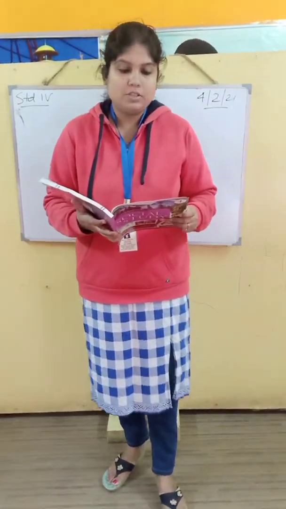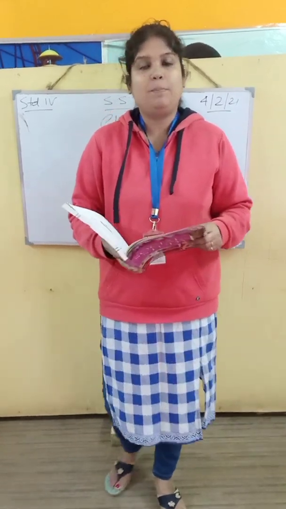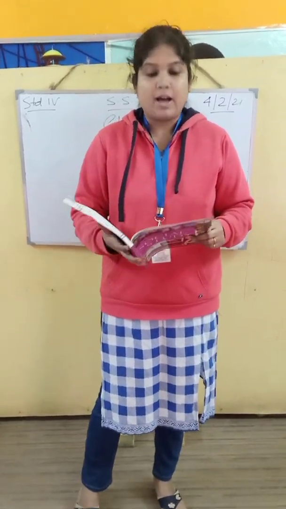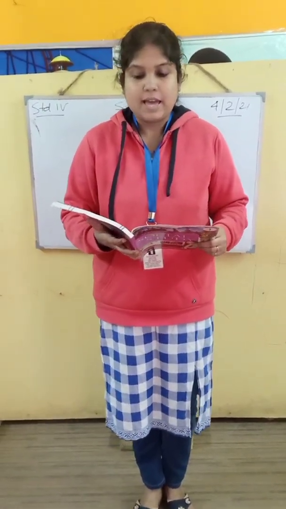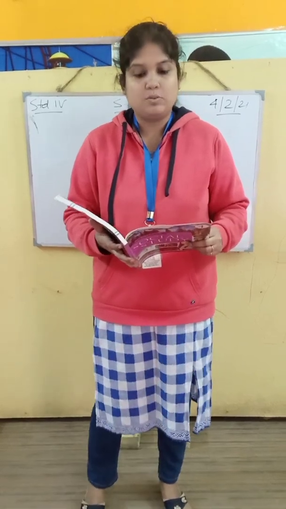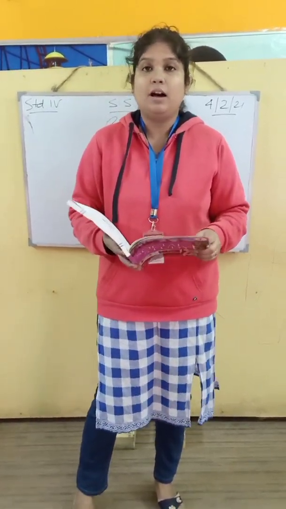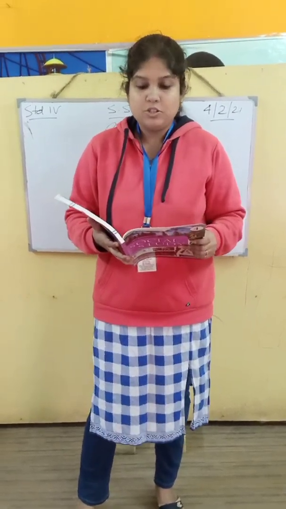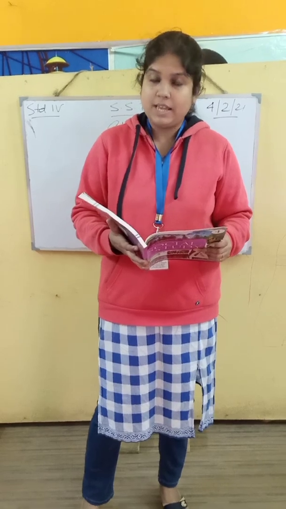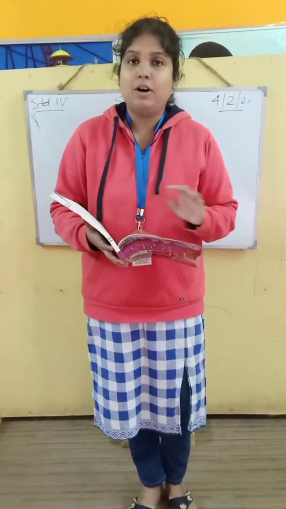The land surface of India differs from place to place. In India you will find different types of land surface. It has high snow covered mountains. In some places you will find mountains totally covered with snow. Large fertile plains. In some places the land is very fertile and plain.